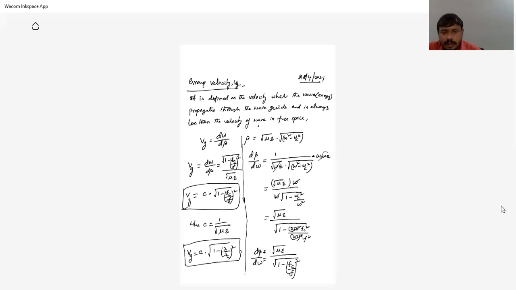Is it correct now? Anyone please? L4. L4, who is L4? Please respond. F6. F6.